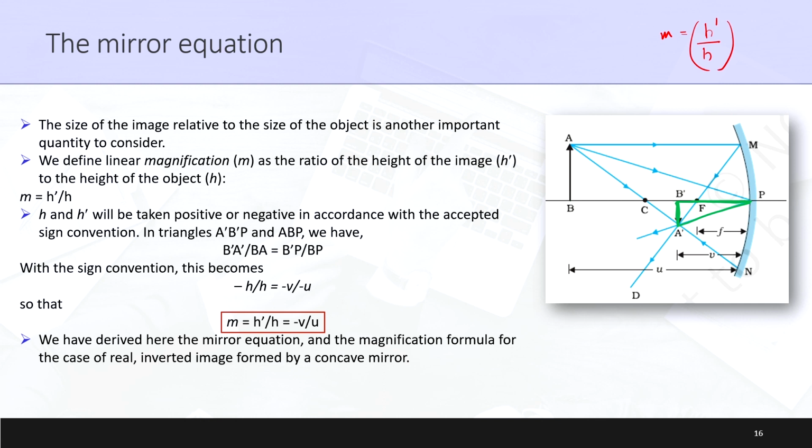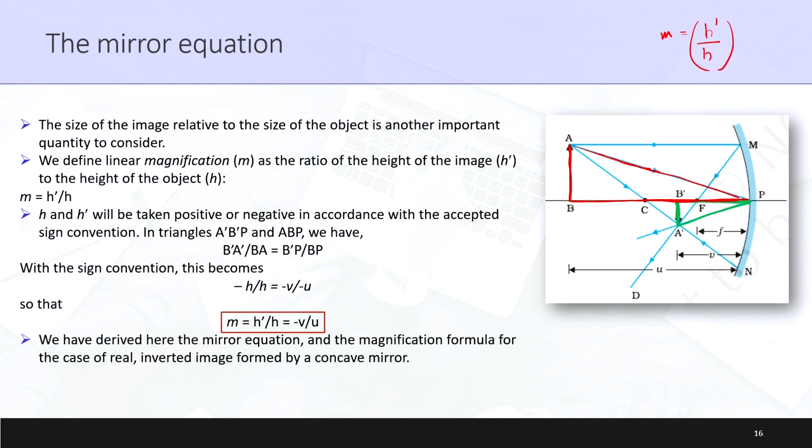Let me use a different color so as to make it more clear. So, these are the two triangles for which the similarity is being used here.